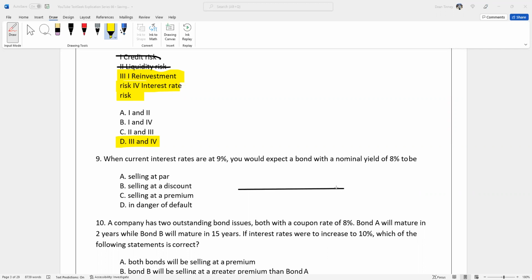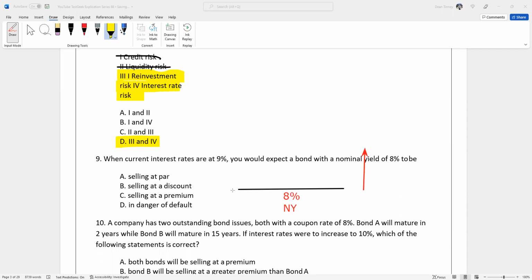She said, Dean, I got this teeter-totter seesaw down, and there's our flat line for the teeter-totter seesaw. Hopefully it hasn't been too long ago since you did your Series 7. Remember, the fulcrum of the teeter-totter is what we call the nominal yield, the coupon, the fixed or stated rate of return. Here it says current interest rates are 9, and so what that means is that interest rates have gone up.